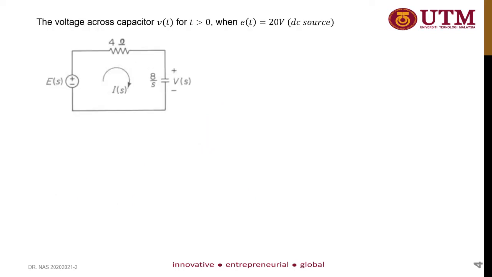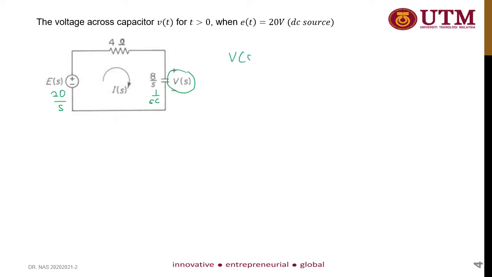Okay, next you need to determine the voltage across the capacitor v(t) for t larger than 0, and e(t) as earlier is equal to 20 volts, so here is 20 over S, and then this is 1 over SC. To get v(t), you need to determine V(s), which you can get by using the voltage divider.